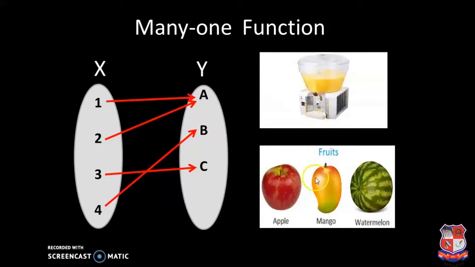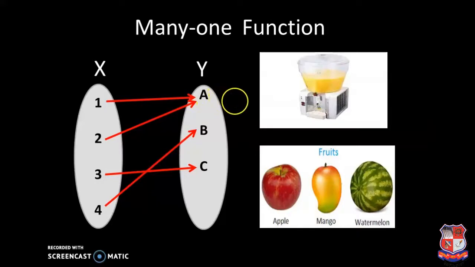Means he puts apple and mango both in the juicer and gets only one output. That we call many to one. This is a many-one function. Means for different values of x, for different values from the domain, you have one output that we call a many-one function.